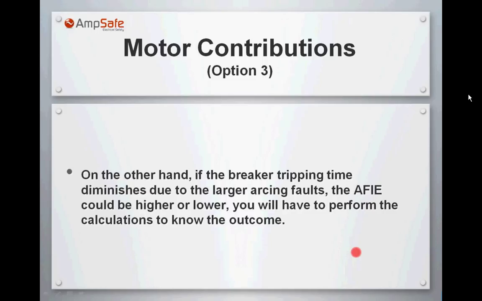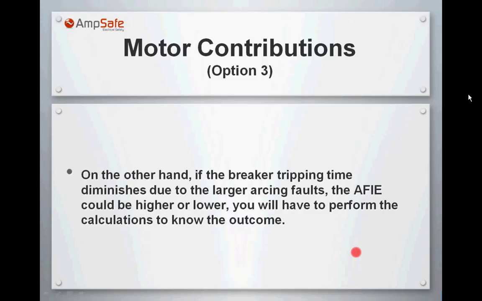This is the other situation: the arcing current without the motor contribution was in the overload region, and now you have a higher arcing current. Definitely, you're going to have less arcing time than before without the motor contributions.